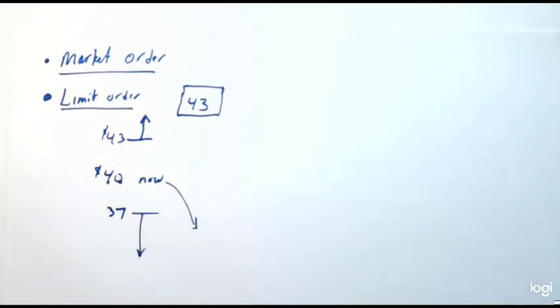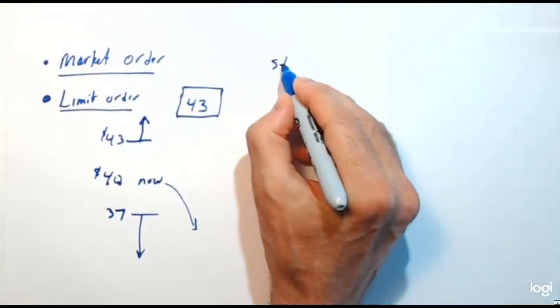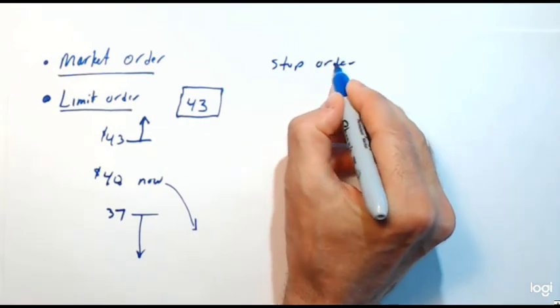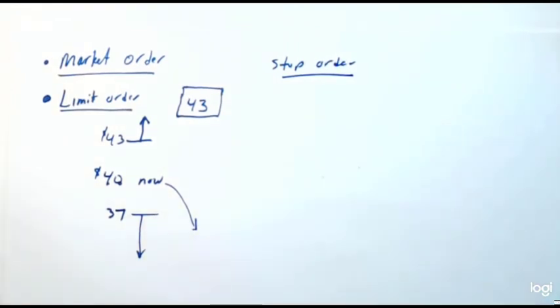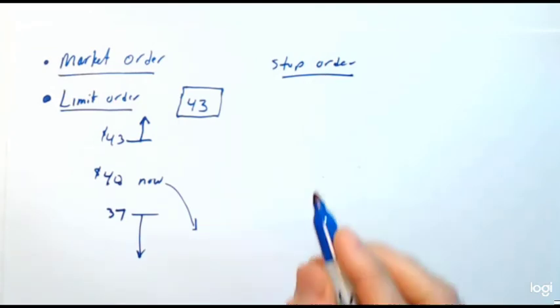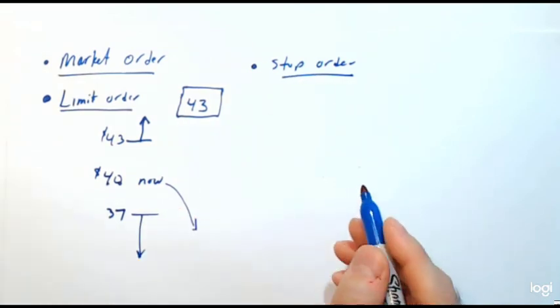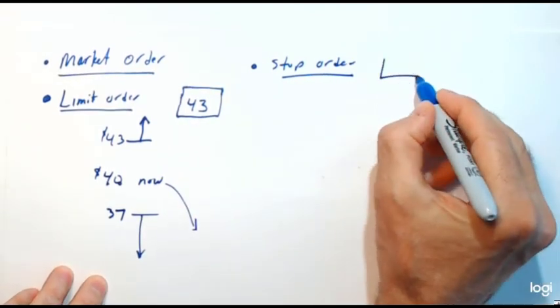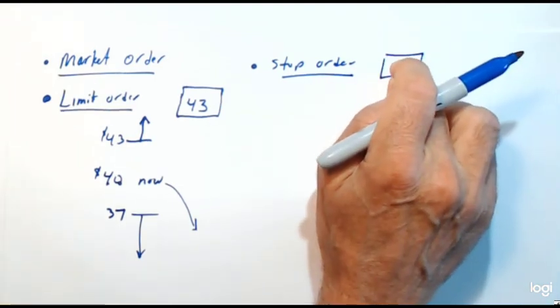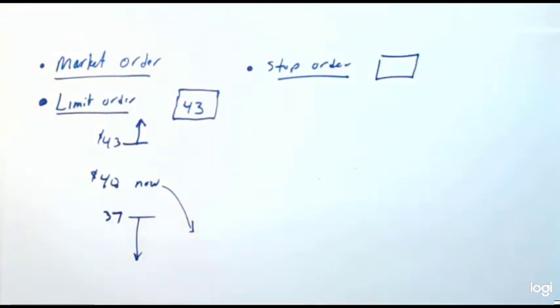Now let's look at what's called a stop order. A stop order is an order to buy or sell. It becomes a market order as soon as the stop price is hit. So you fill in the little dot for a stop order on your brokerage website. It's going to open up a little window and you're going to have to put a price in there. That's called the stop price.